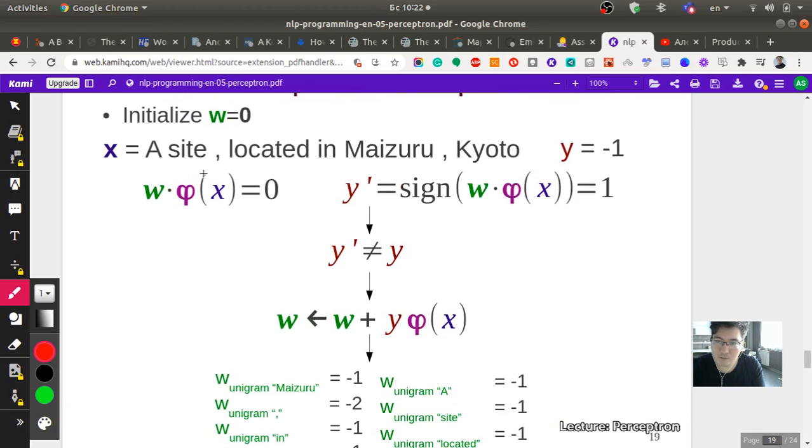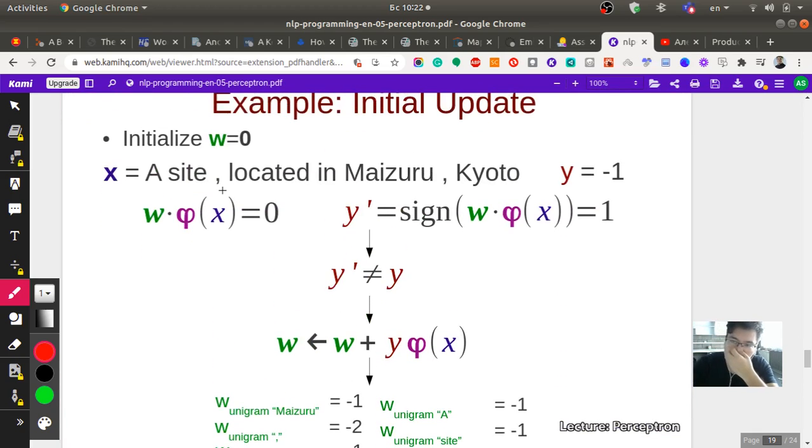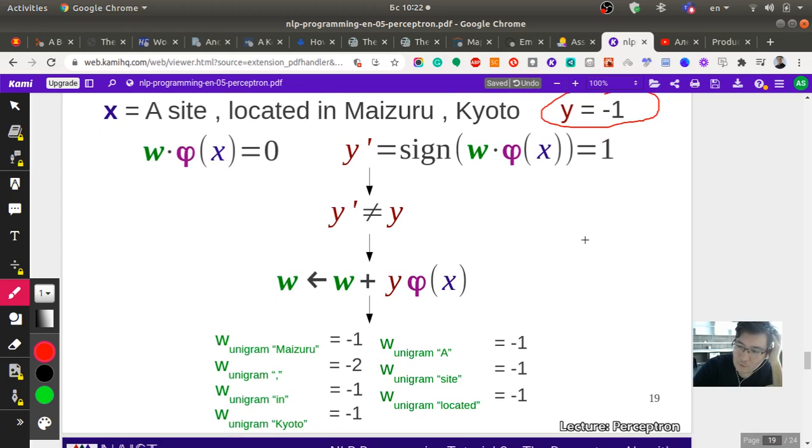So for example, this is the initial update. All W's are 0. You send a new text here. Y is actually -1, and you multiply it, and you get 1 as the result. So these two things are not equal.